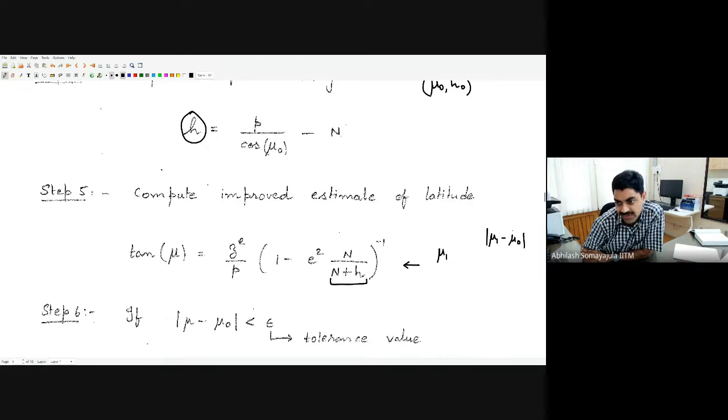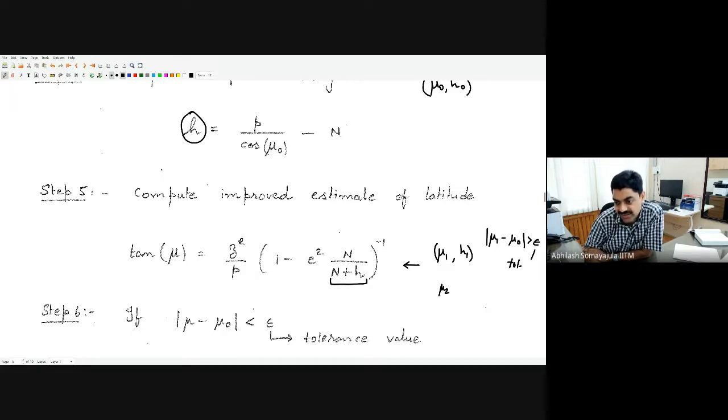Now, once I get mu1, I can check whether mu1 minus mu0 is small or big. If this value is greater than some known epsilon tolerance that I set, then I go ahead and compute h1, and then go back and compute mu2 using h1.